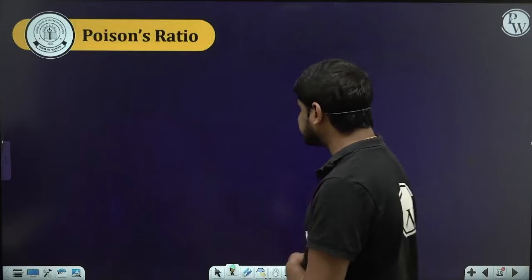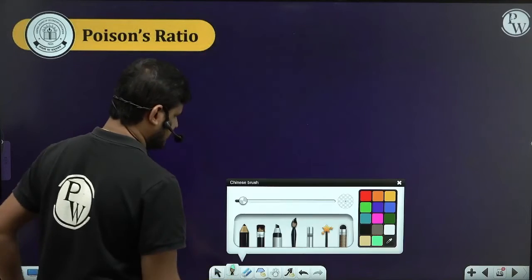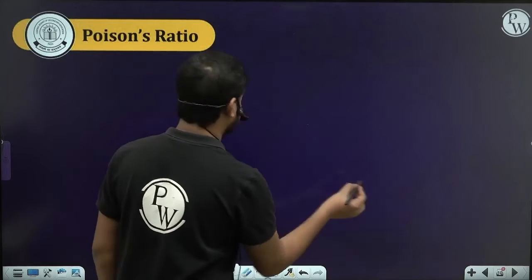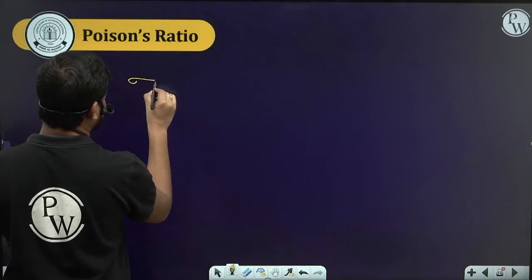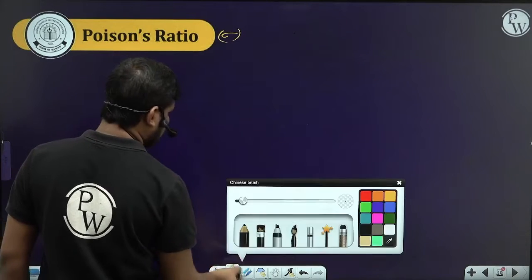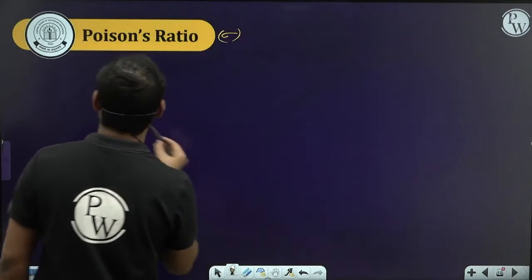So now let's come to the Poisson's ratio concept. The Poisson's ratio is denoted by sigma. So what is Poisson's ratio actually?